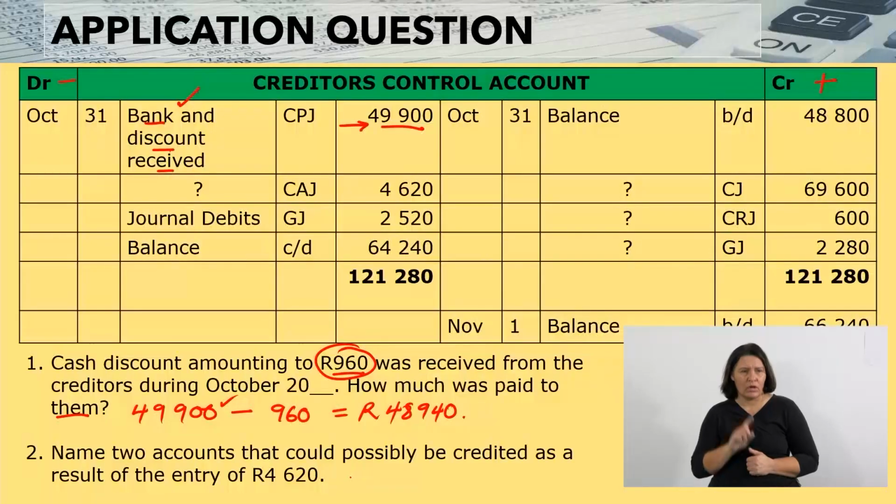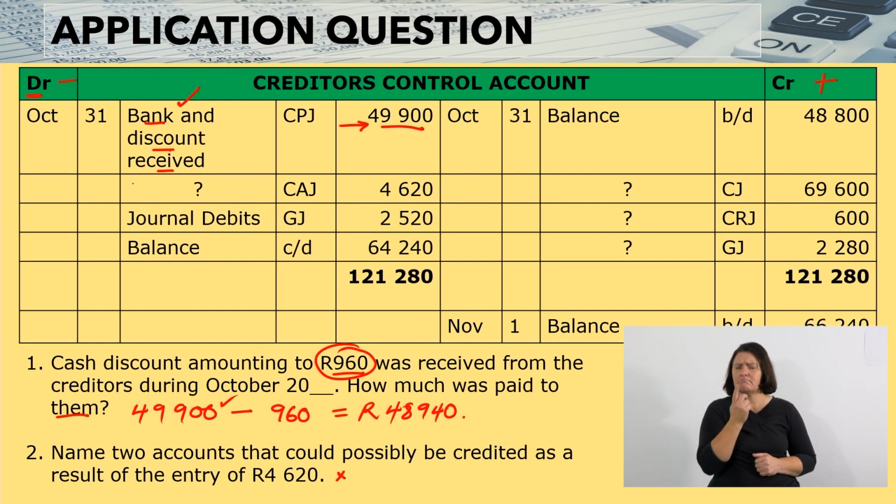Let's now go and look at question number 2. Question number 2 then reads, name 2 accounts that could possibly be credited as a result of the entry of 4,620. There it is. We need to look for it in the creditors control account. You find it on the debit side. There it is, 4,620, and it is CAJ.